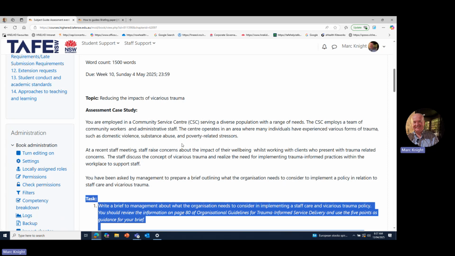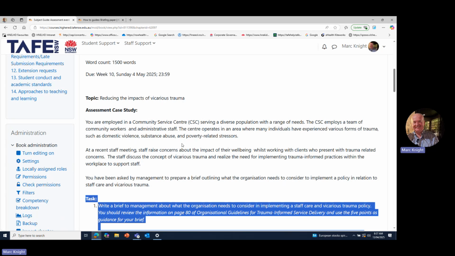This community services centre employs a team of community workers and admin staff. The centre operates in an area where many individuals have experienced various forms of trauma, such as domestic violence, substance abuse, and poverty-related stressors. At a recent staff meeting, staff raised concerns about the impact on their well-being whilst working with clients who present with trauma-related concerns.